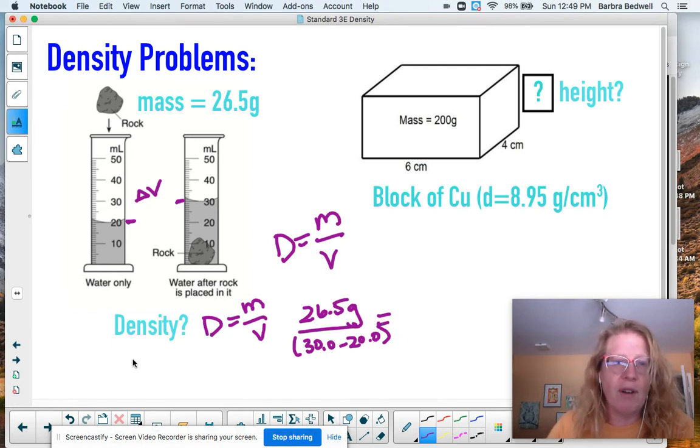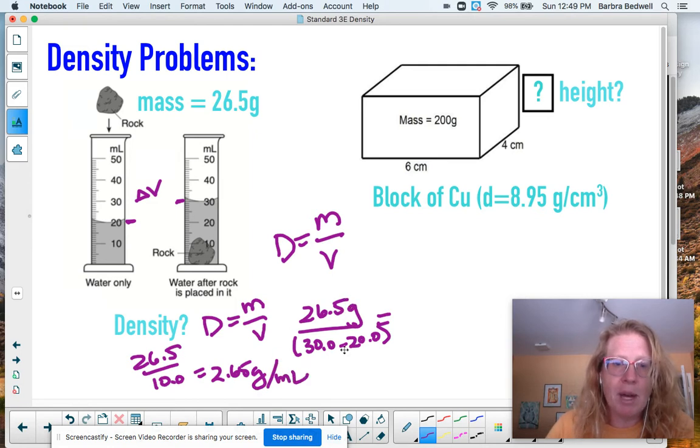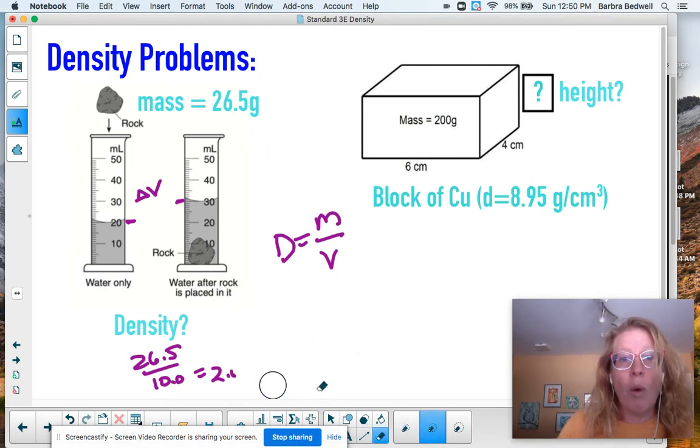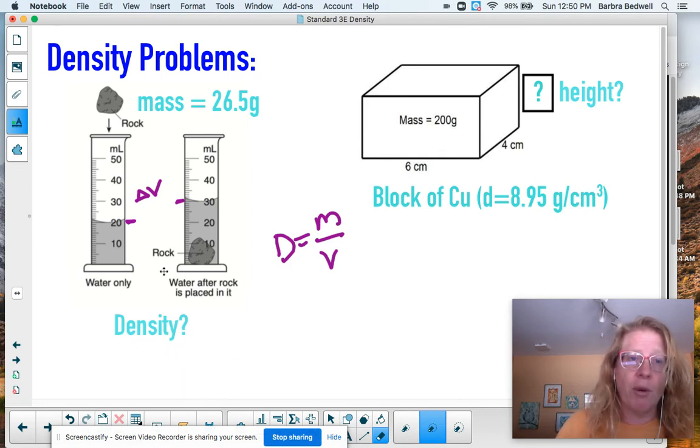So 26.5 divided by 10 would give us a density of 2.65 grams per milliliter. Again, this up on the top is grams, this on the bottom is milliliters, so our final units are grams per milliliter. So again, it's a matter of understanding that concept of the water displacement method to solve for volumes.